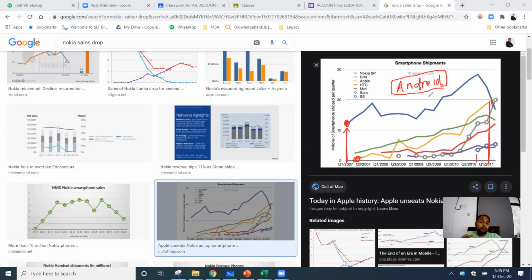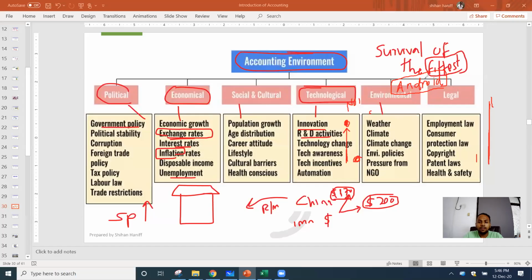So all other smartphone suppliers moved to the new technology, but since Nokia was the leader, number one, they didn't want to move to the new technology. Even the number one company in the world, if they don't adapt, as I said, this is survival of the fittest.